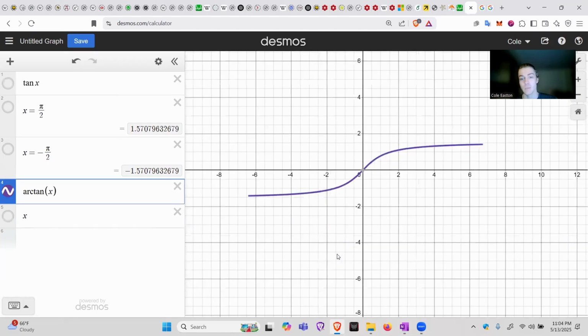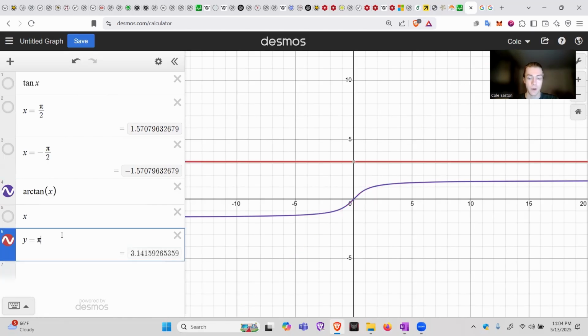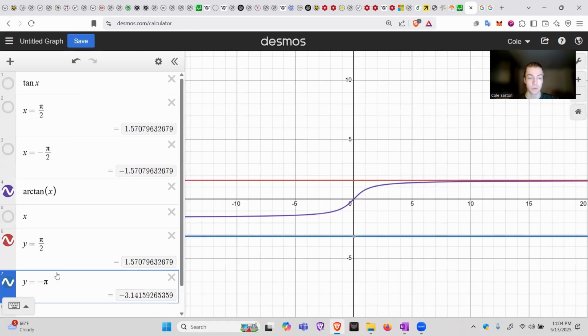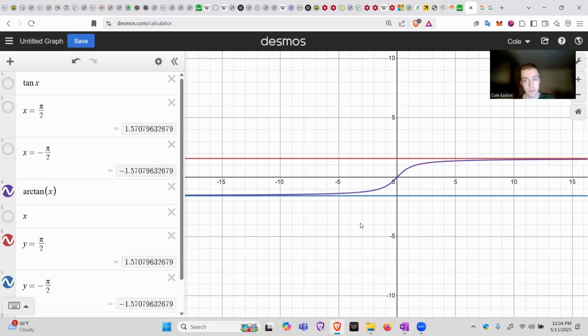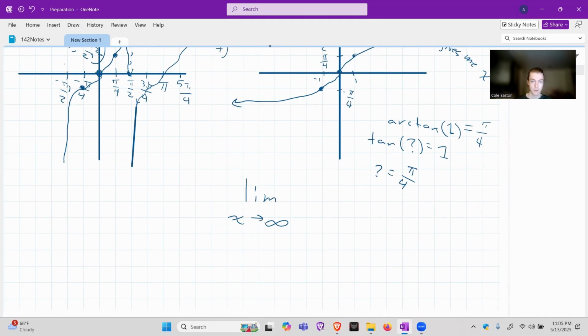So the big things to remember about this function is it has these asymptotes, y equals pi over 2 and y equals negative pi over 2. Because sometimes we're going to be talking about limits of this function. And so the really important fact to remember is that the limit, I'm going to write this down here, the limit as x approaches infinity of arctangent of x is pi over 2.